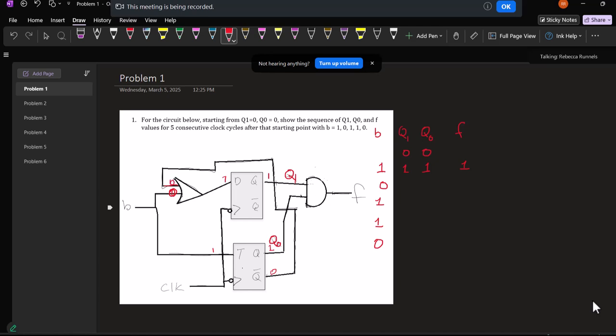And so on this clock cycle, our input into the top flip-flop is 0, and it's a D flip-flop, so our output is also 0. And since B is our input into the T flip-flop, what does a T flip-flop do when the input is 0? Stays the same. Last time it was 1, so it'll be 1, and the AND of 0 and 1 is 0.